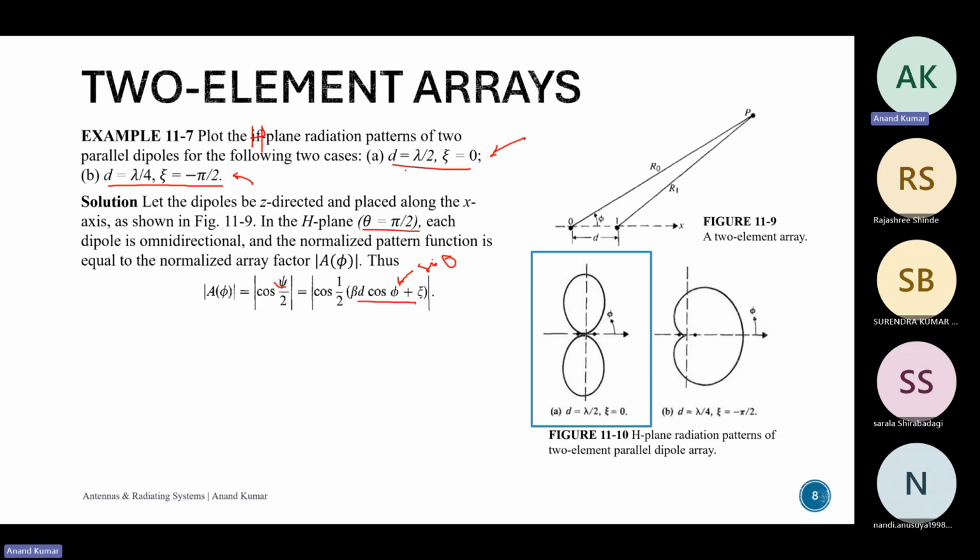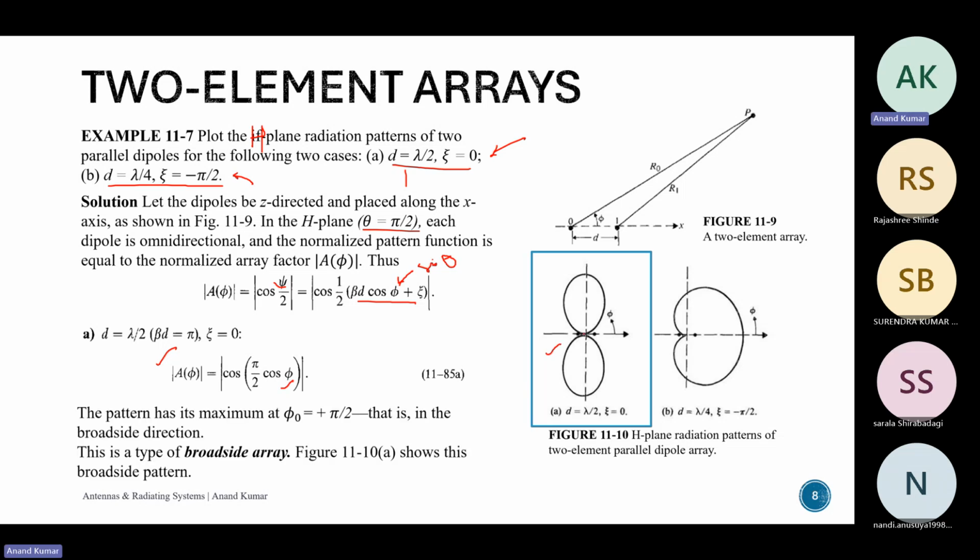Now we are given the values of d and xi, so we substitute those, and for the first case, the array factor is cos of pi by 2 cos phi, and for different values of phi, if you plot this, we achieve something like this.